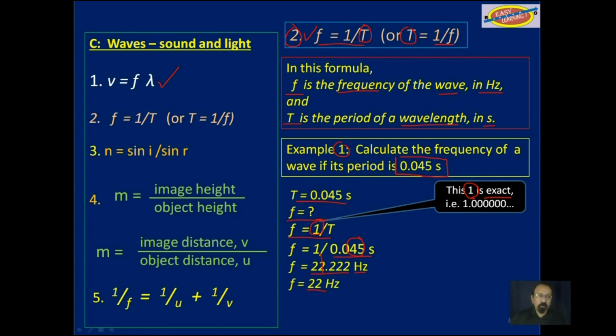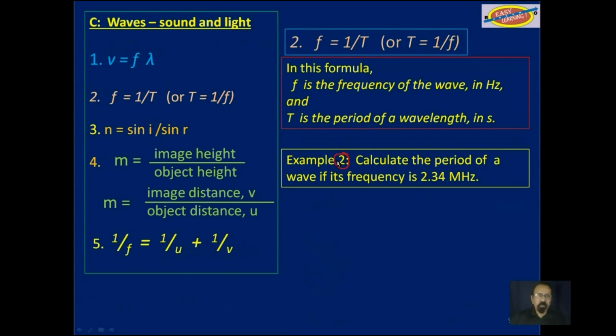And so we get 22 hertz. That should be acceptable for CSEC. However, to be on the safe side, we could always take half of this ones position, which is 22 plus or minus 0.5 hertz. This, of course, is correct, but we will prefer to write it that way.